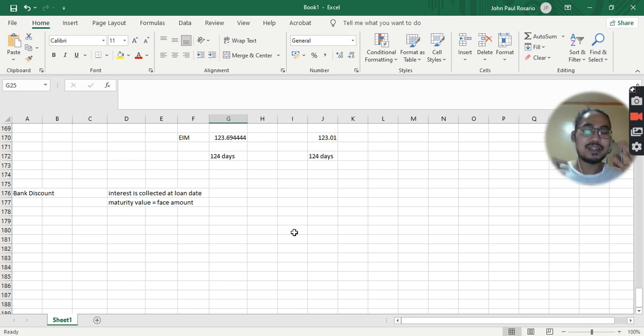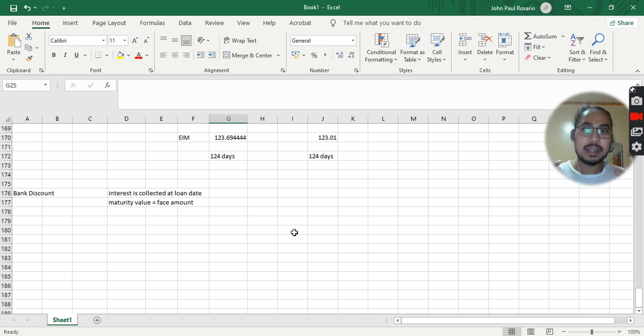So, for simple interest, how much you borrowed is your principal. For bank discount, how much you borrowed is what you pay at the end, which is your maturity value. So, the process in bank discount is still the same as simple interest. We compute for the interest first, but we don't call it interest.